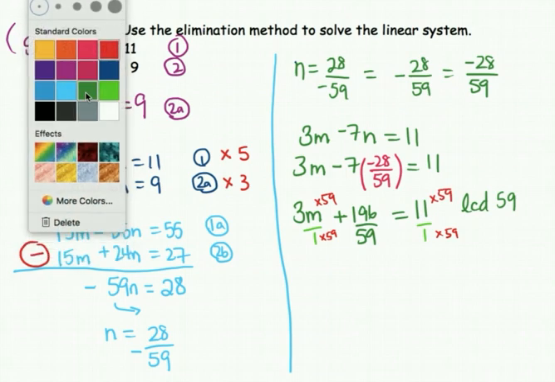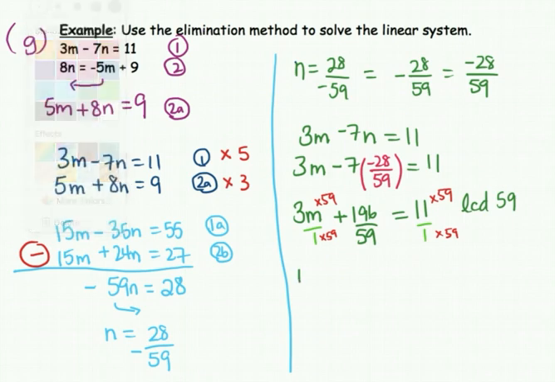Then we get 177m for this first one, all over 59, and this one doesn't change. And then 649. Now we have a common denominator here.